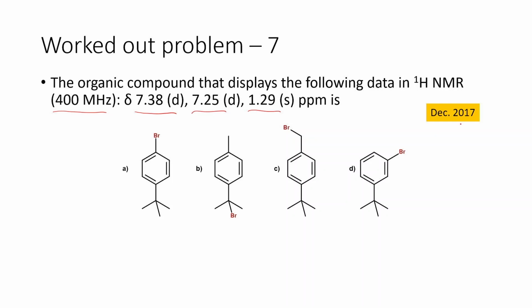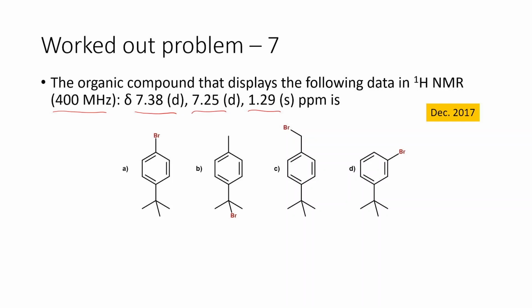December 2017. If you look at all the four options which are given, we can try to figure out what could be the right structures without getting into detail about each peak. So we have a doublet at 7.38 and 7.25.